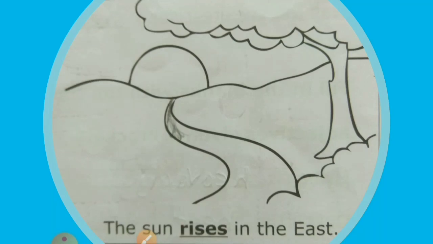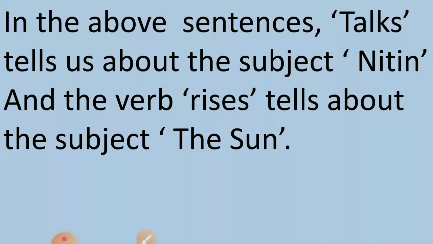So what are these words indicating? Yes, these words are showing the action in the sentence, right? In the above sentences, talks tells us about the subject Nitin, and the verb rises tells about the subject the sun.